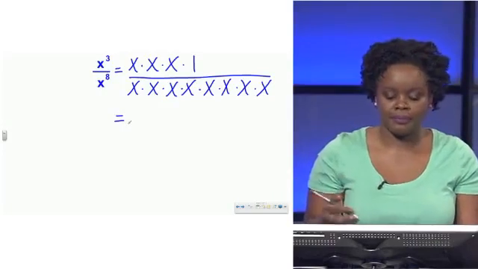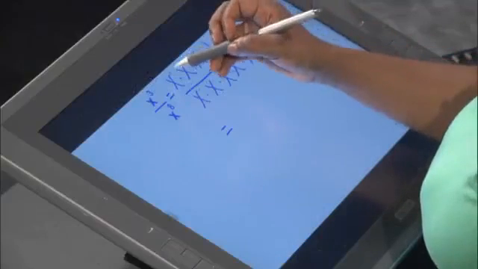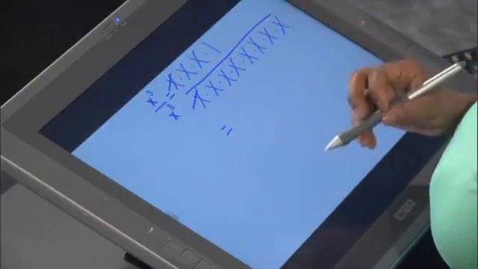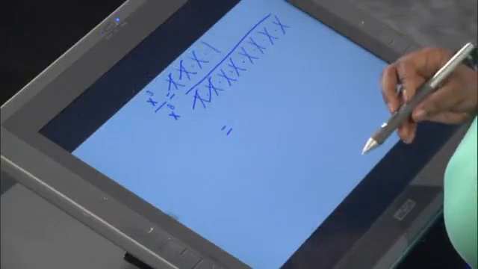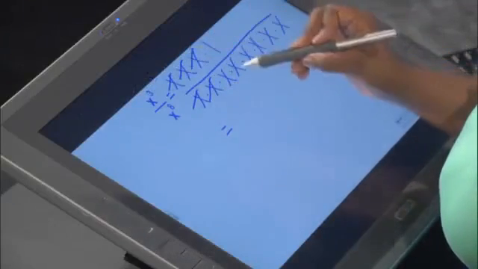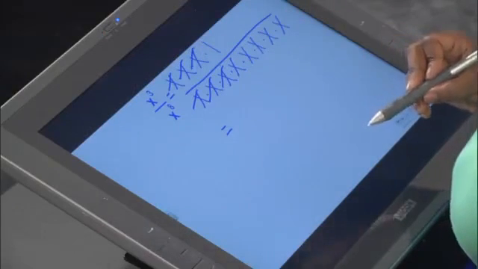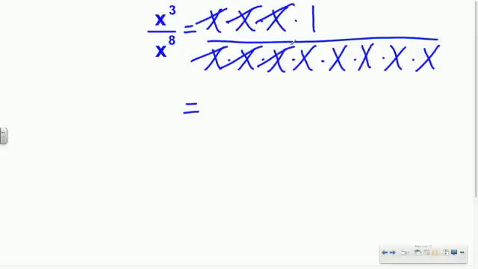Let's start simplifying. I can cancel out 1 x in the numerator with 1 in the denominator, another 1 in the numerator with another 1 in the denominator, and another in the numerator with another 1 in the denominator. And when you do that, you're left with that 1 in the numerator, and then you have 1, 2, 3, 4, 5 x's in your denominator.